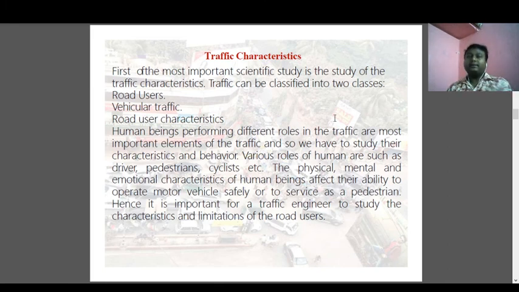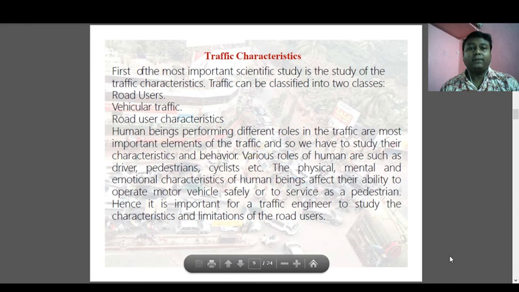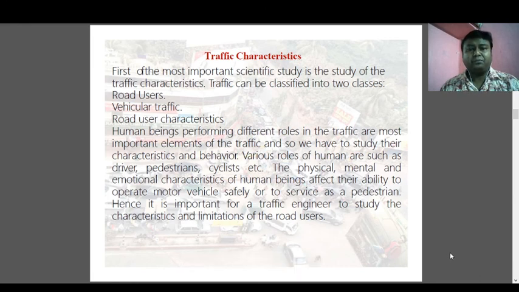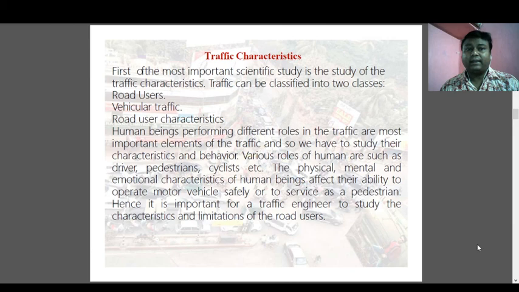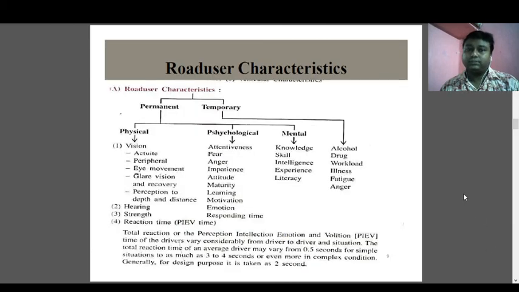So the road user characteristics are significant characteristics we need to study in detail, because based on accidents, the major reasons for accidents are the negligence of the driver, or improper education about traffic movement. So the mental and physical situation of the driver and pedestrians is one of the most important parameters in the traffic characteristics under the road users.